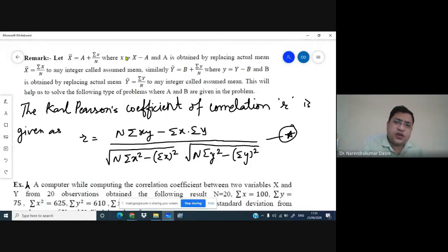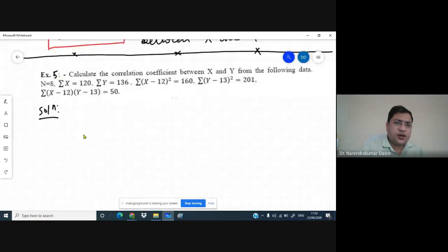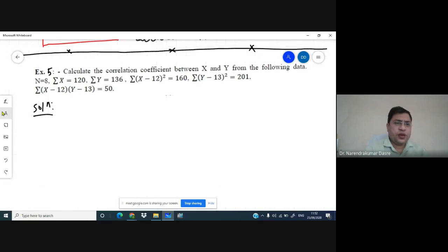So from these two equations, we have to get the value of a and b. In this example, this is small x and this is small y. So we got the value of a to be 12 and b to be 13.